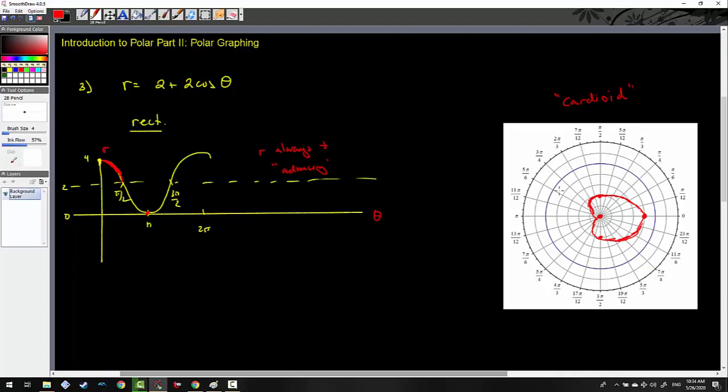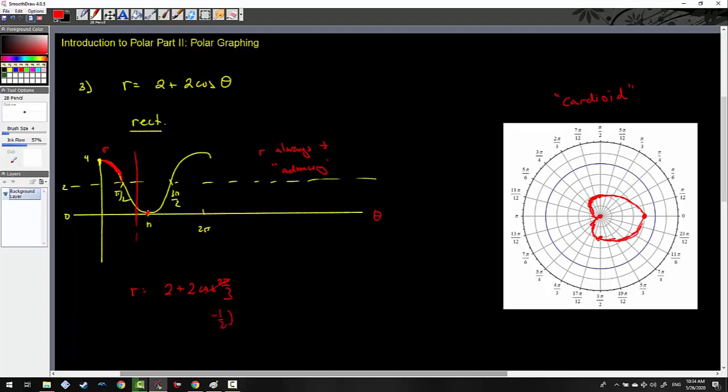Now, I know what you're thinking. How did I know to go beyond 0 right here and beyond 0 right here? Well, what's up with that? If you plug in a number like 2 pi over 3, which is in between pi over 2 and pi, so r equals 2 plus 2 cos 2 pi over 3. Cosine of 2 pi over 3 is negative 1/2.